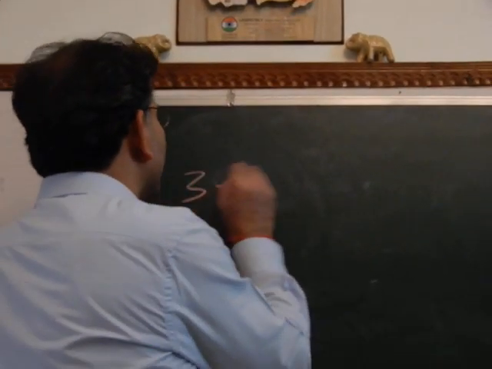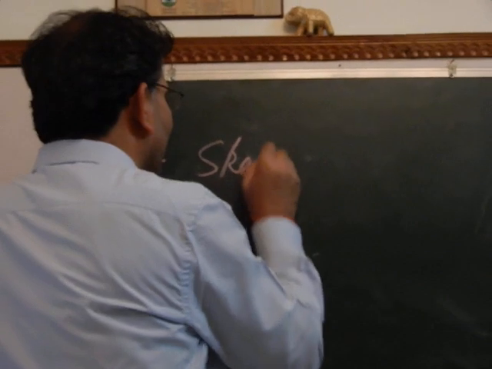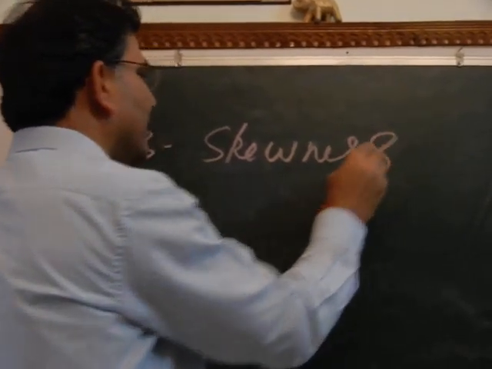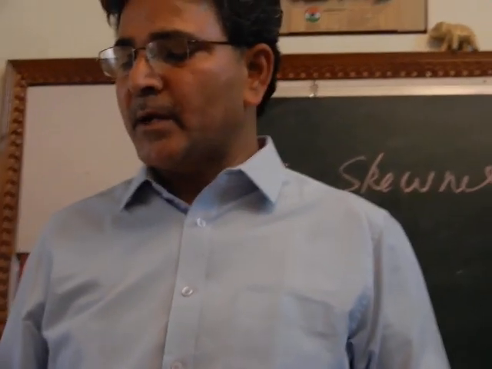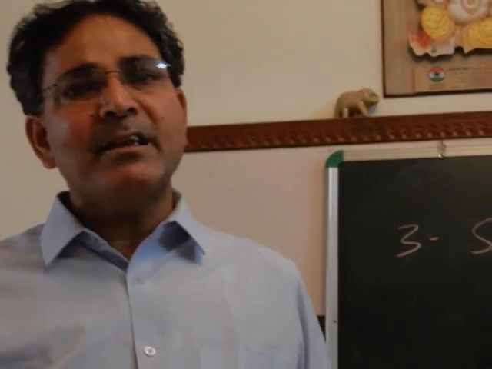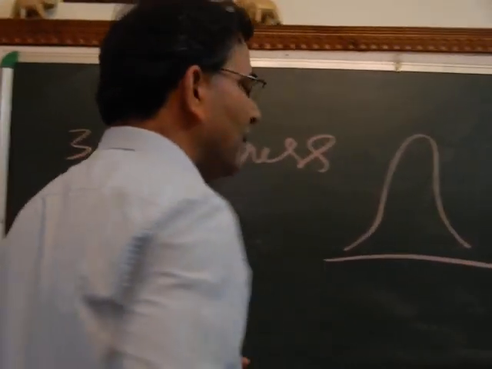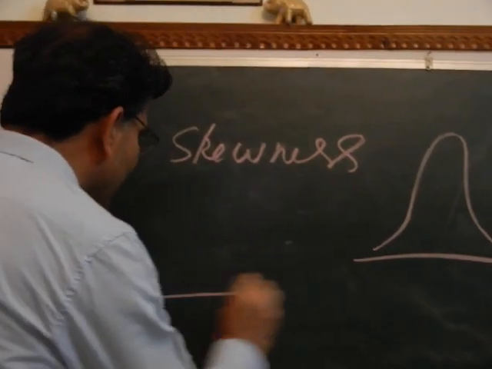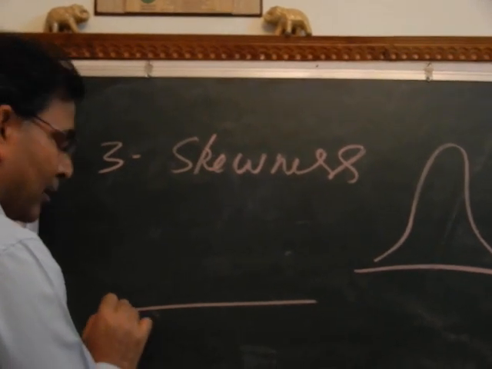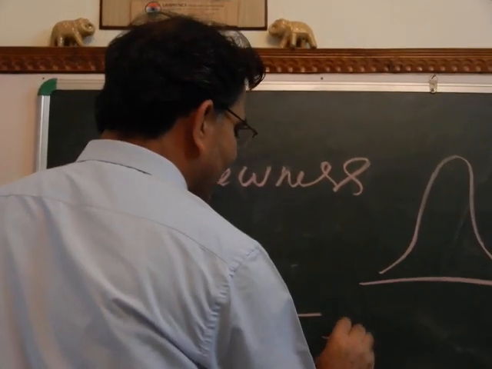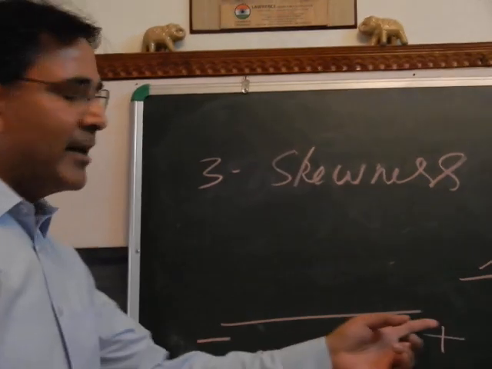Then the third point is skewness. Skewness is that property which explains whether the grains are normal, like this. If it is like this, then they are normal. But if this is the graph, in this direction we are getting the coarser grains, in this direction we are getting the finer grains.